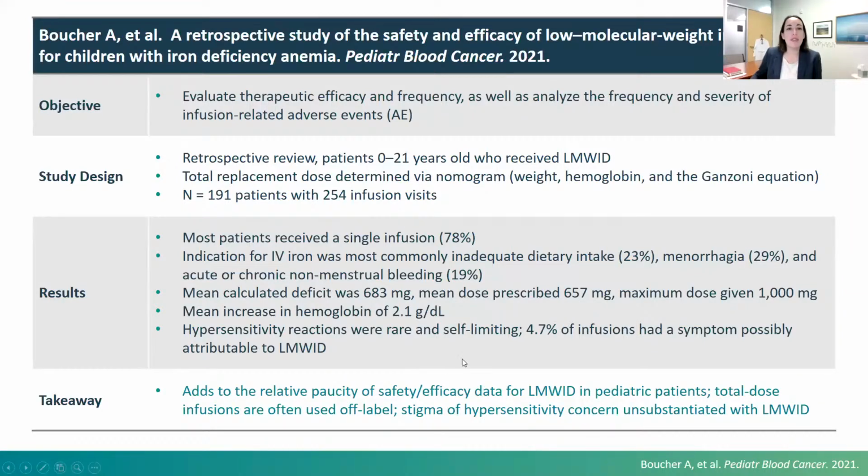Most of the patients received a single infusion dose, probably the total dose infusion, or off-label dosing, excuse me. There was a wide variety of patients treated, and most received around 650 milligrams of iron with a good increase in hemoglobin, and about 4.7% had mild, limited adverse reactions. Overall, they thought it was a good, safe medication that could be used at off-label dosing.